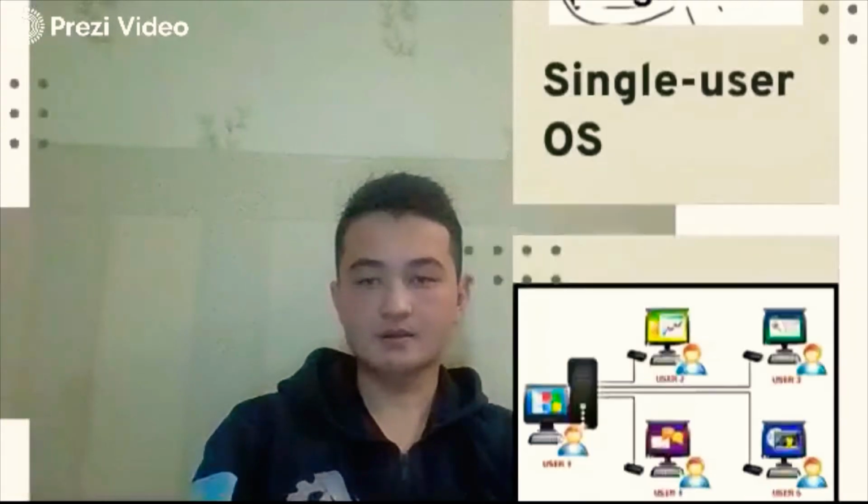And the second type is a multi-user operating system. In some situations, we need to share a single computer among a few users. So the operating system should be multi-user, where more than one user is connected to the computer and uses it at the same time.